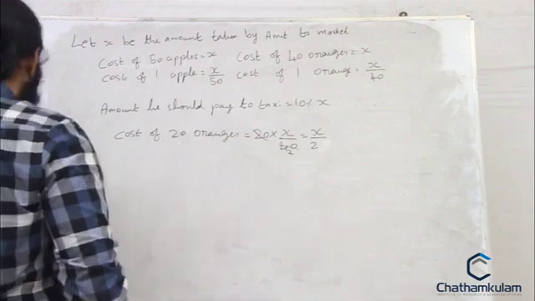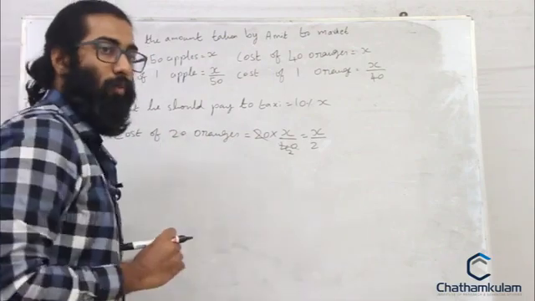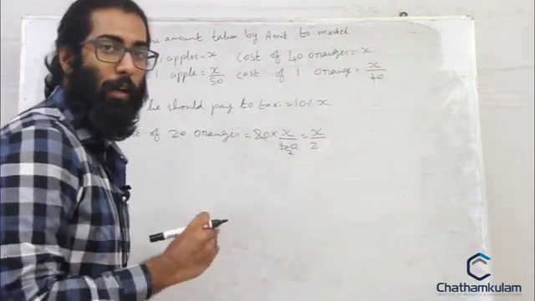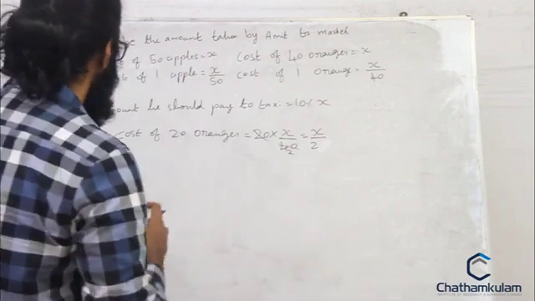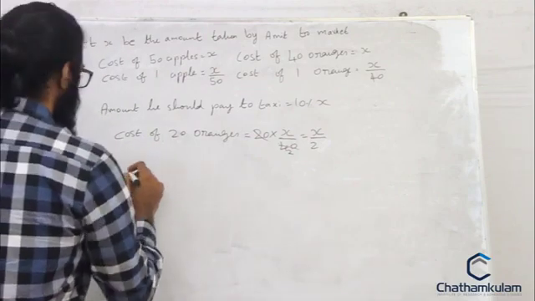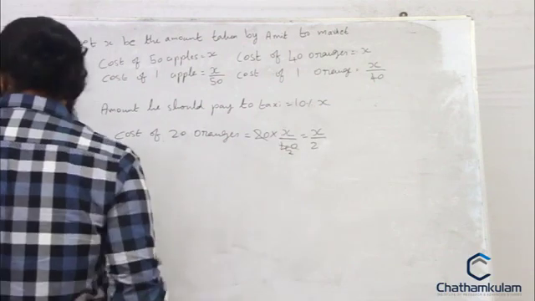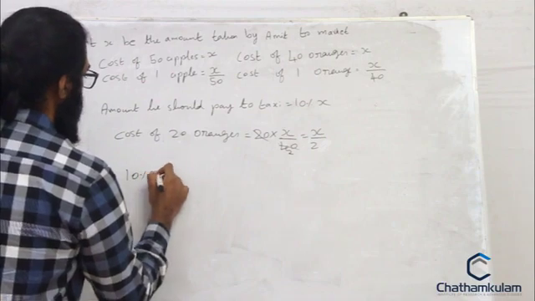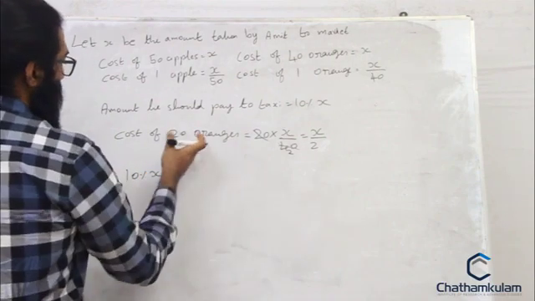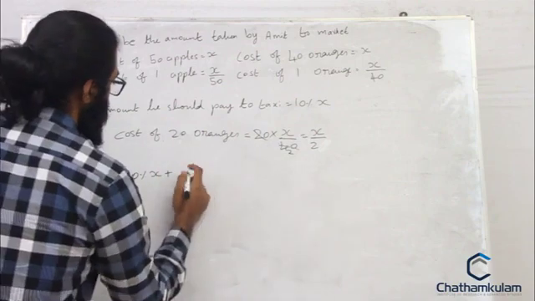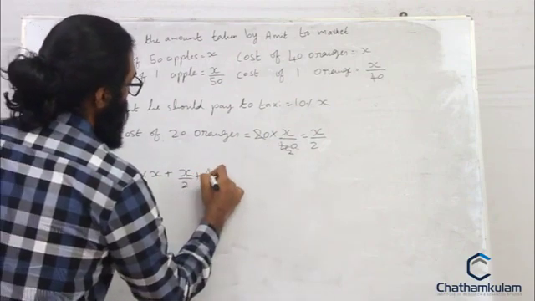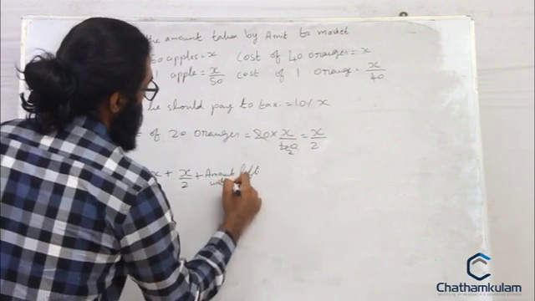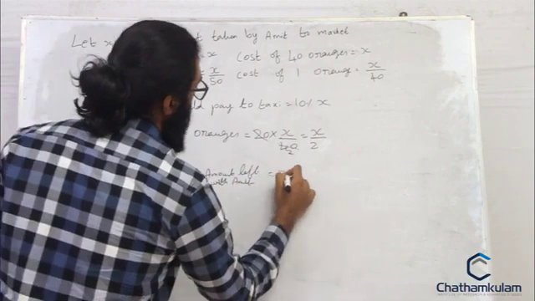Then next, what we have to find is, with the amount that is left with Amit, how many apples he could buy, right? So for that we solve the equation: the taxi amount is 10% of X, plus the amount for buying 20 oranges which is X by 2, plus the amount left with Amit, is equal to X, the total amount.